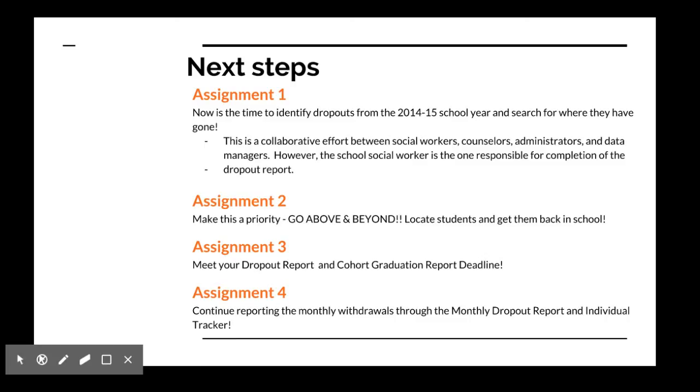Assignment 2, go above and beyond. Locate these students and let's get them back in school. Assignment 3, meet your dropout report and your cohort graduation report deadlines. And assignment number 4, continue reporting the monthly withdrawals through the monthly dropout report and individual tracker.